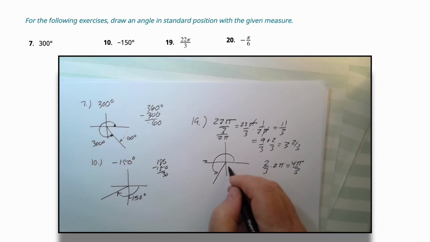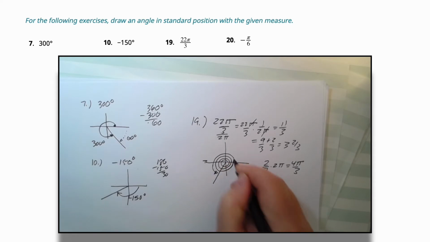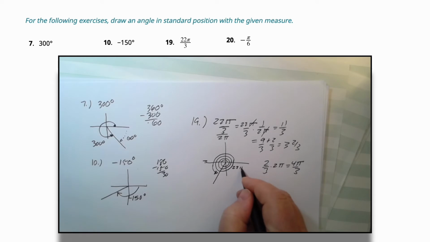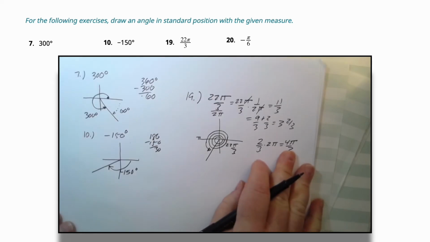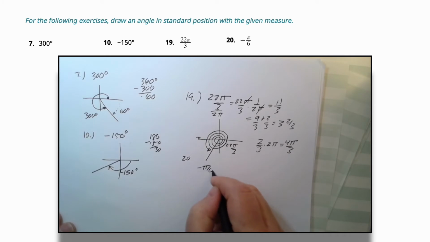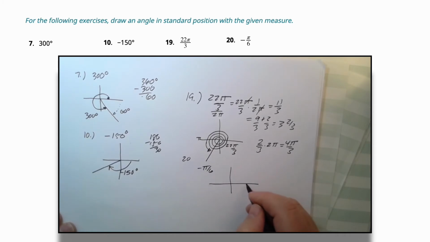This is the last bit, the remainder, that's the 4 pi over 3, but really what we're doing is going 1, 2, 3, like that. And then we end up at the 4 pi over 3, so that would give us our 22 pi over 3.